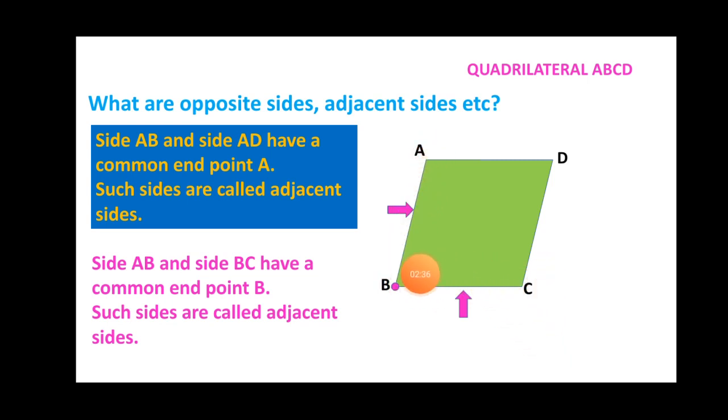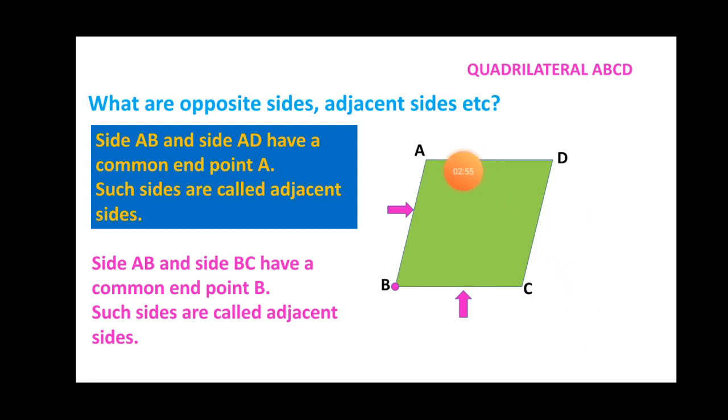Now, if we talk about side BC and side CD, you can see that they also have a common endpoint at vertex C. So, we can say that the side BC and side CD, meeting at an endpoint, that is at vertex C, are adjacent sides.